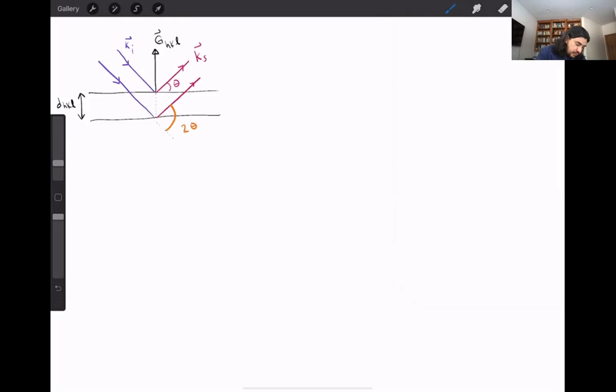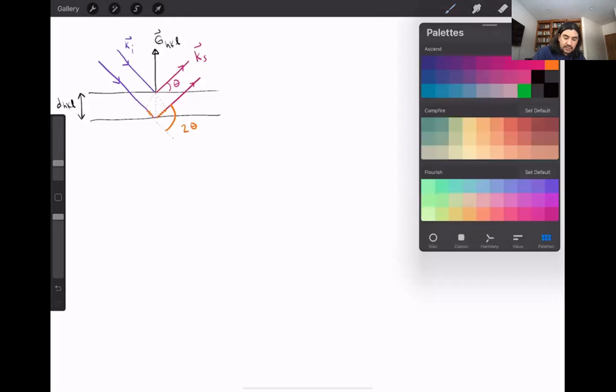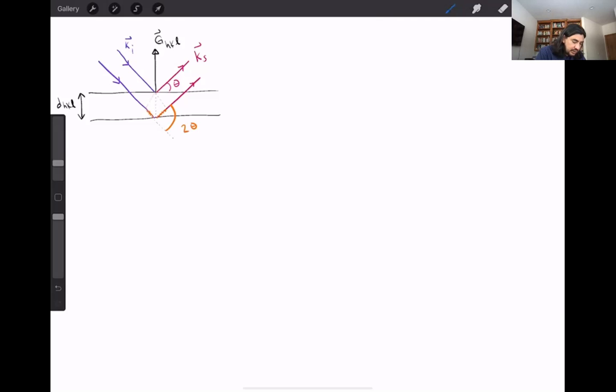So what happens is that the first ray, the first wave vector Ki coming in, is going to hit that plane and scatter into that direction. The second one has this additional part right here and this additional part right there. So it's going to be traveling that much more. The first one is traveling to this point right here.